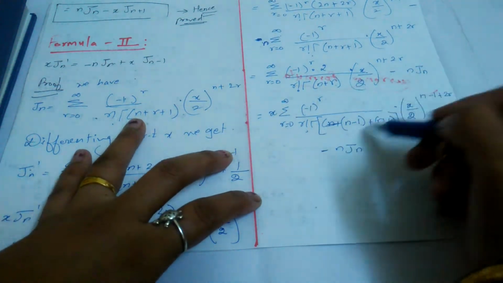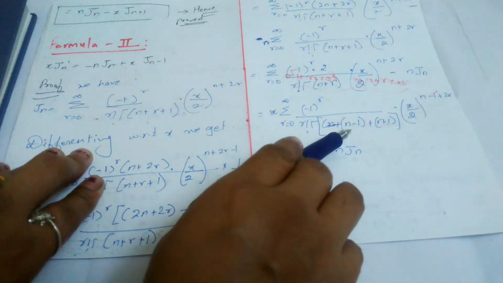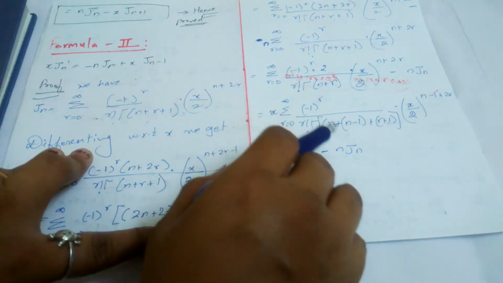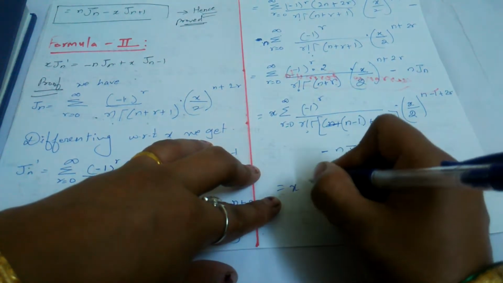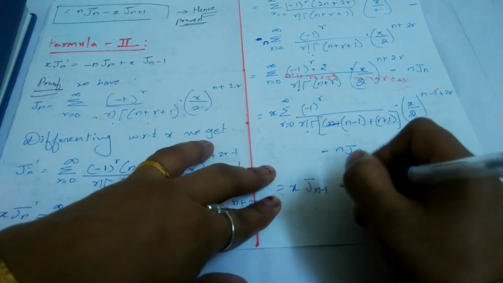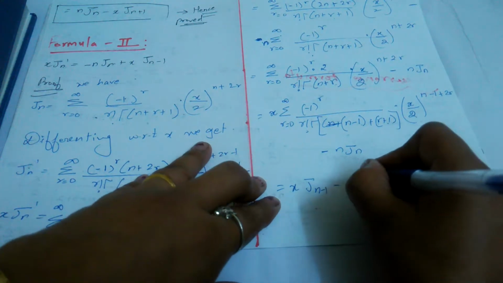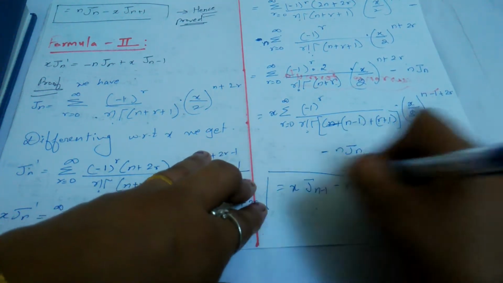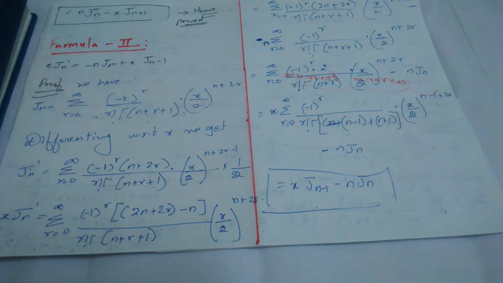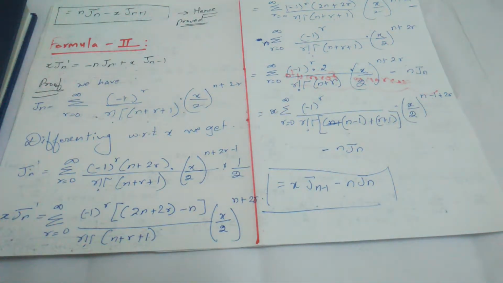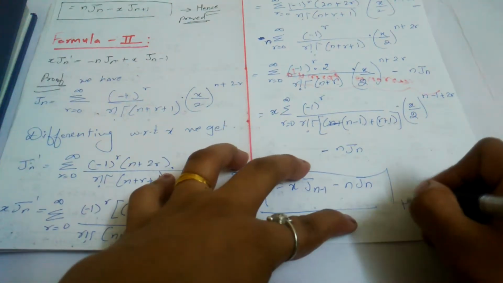As a result, it equals xJ(n-1) - nJn. So we have got formula number 2 of the recurrence formulas. Hence proved.